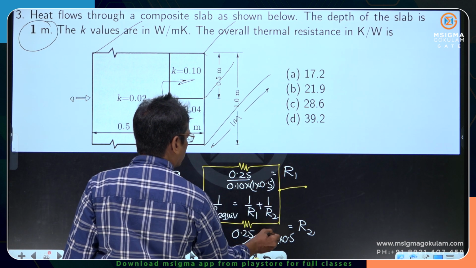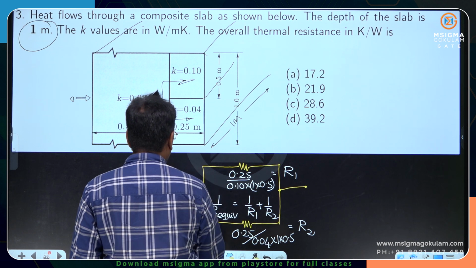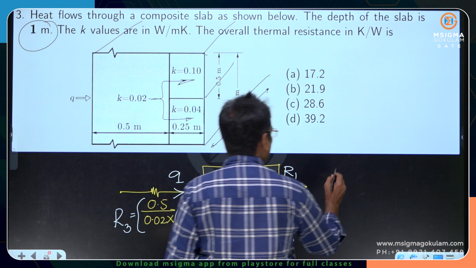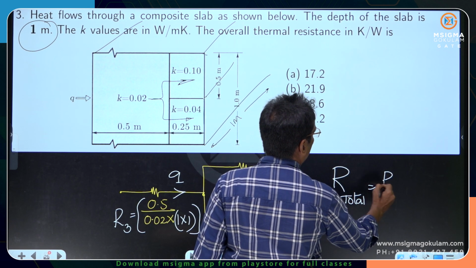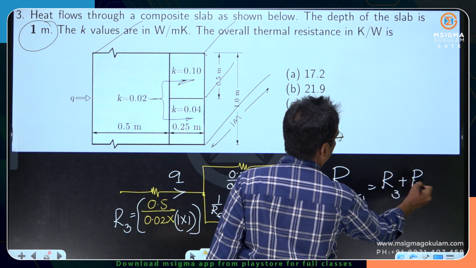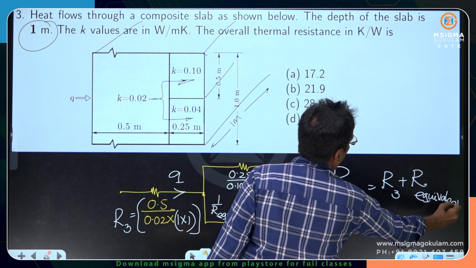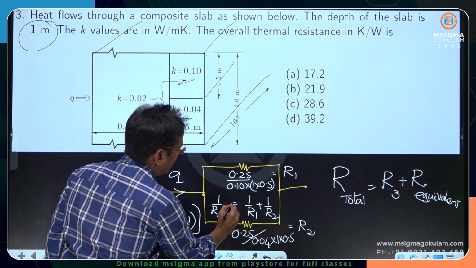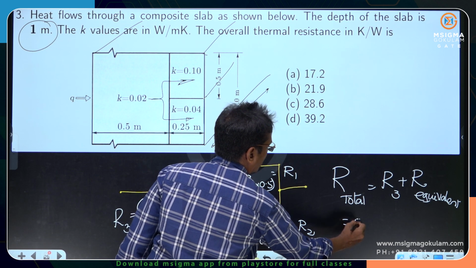Then the total resistance, if you call this R3, R total will be R3 plus R equivalent. R equivalent, the two parallel resistances you have to merge by using this formula. You will be getting 28.6.